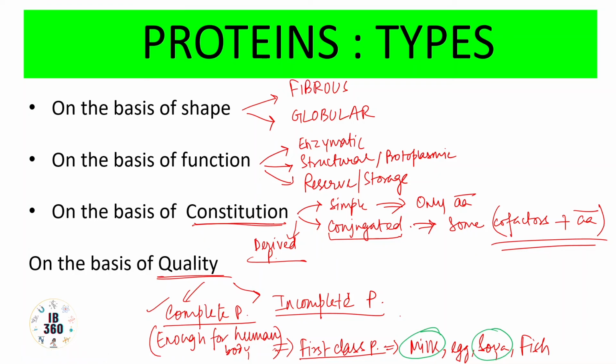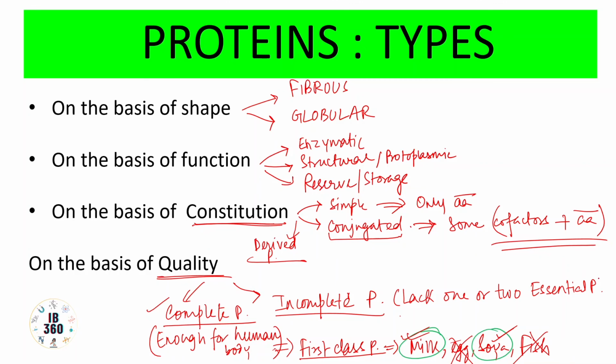In case of incomplete proteins, they are lacking one or more essential amino acids, and most of the plant proteins are thereby incomplete proteins. So they lack one or two essential amino acids. Vegans usually go for soya because they are not able to eat any dairy products, so they can't go for milk, and obviously egg or fish is a no for them, so they opt for soybeans.